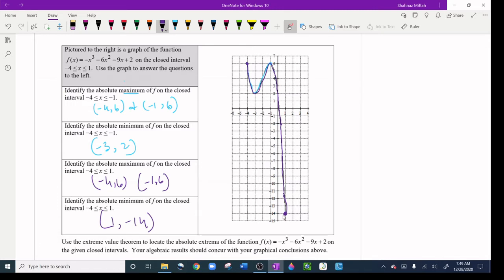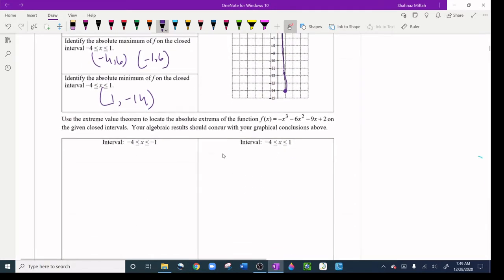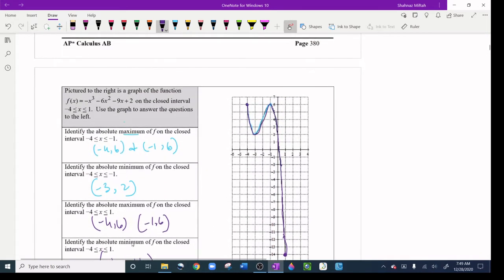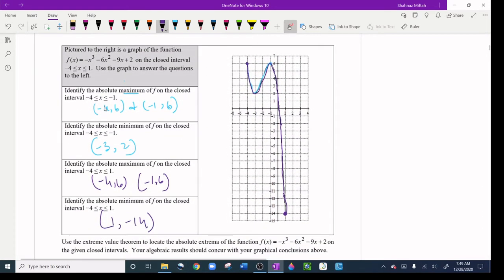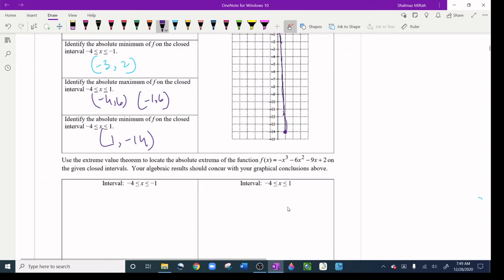Okay, now let's see this. Use the extreme value theorem to locate the absolute extrema of the function on the given closed interval. Your algebraic results should concur with your graphical conclusions above. So these are my graphical conclusions, and these are my restricted domains, negative 4 to negative 1, and negative 4 to 1. Let's see if we get exactly the same answer using the algebraic way to find absolute extrema.